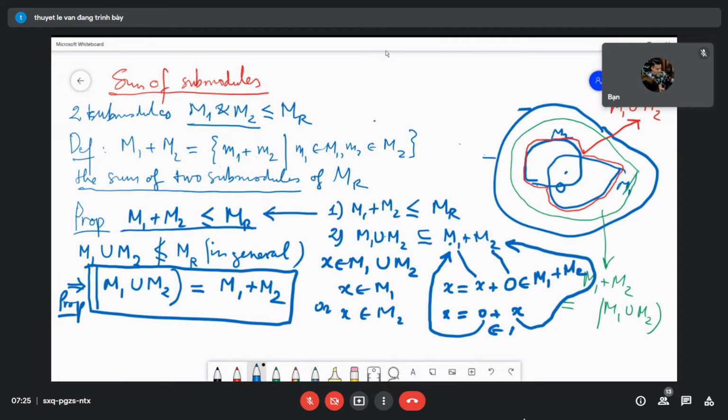So that belongs to M1 plus M2. So in all cases, X here belongs to here. So you have this is a subset of this one. That is the second. Now I will prove the last one.